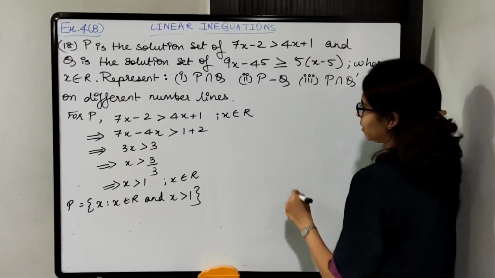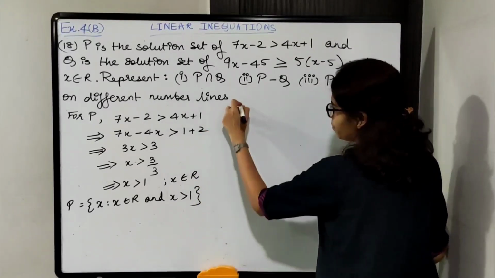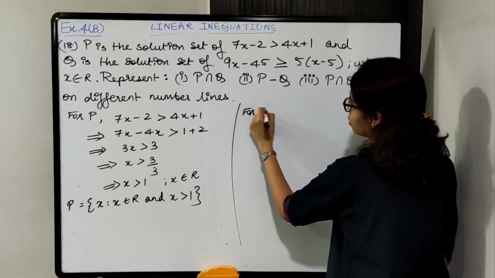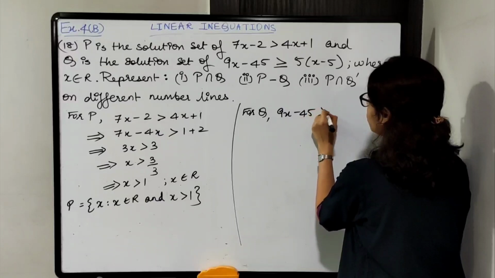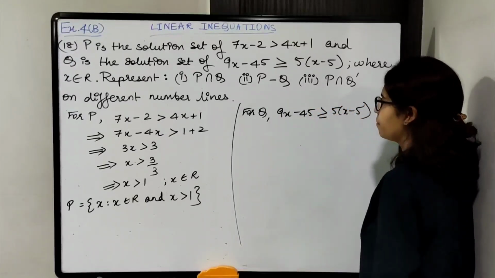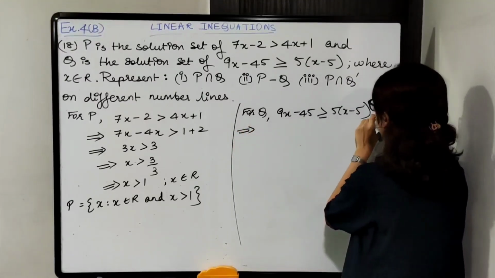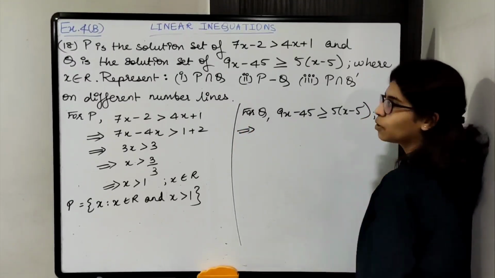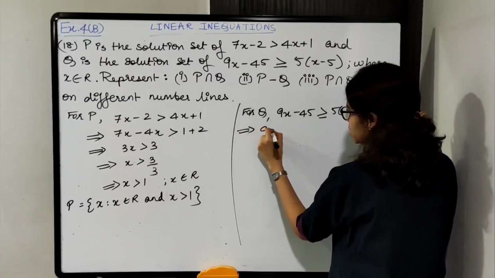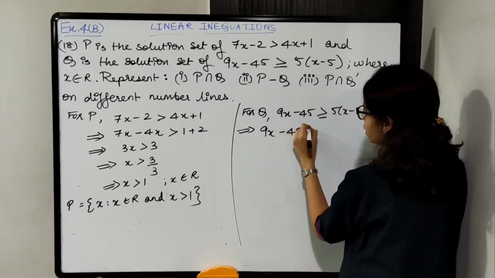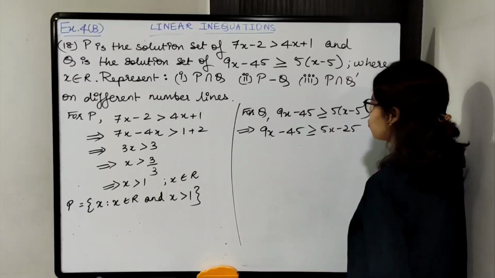Okay, same thing for Q. For Q we'll solve same way. So I'll solve it over here. For Q we are given 9x minus 45 is greater than or equal to 5 into x minus 5. So first we'll open the brackets. Okay, and यहाँ पे लिख देना x belongs to R. All right, put a semicolon and x belongs to R. 9x as it is, इसको ओपन करते हैं पहले. 5x minus 25 हो जाएगा.